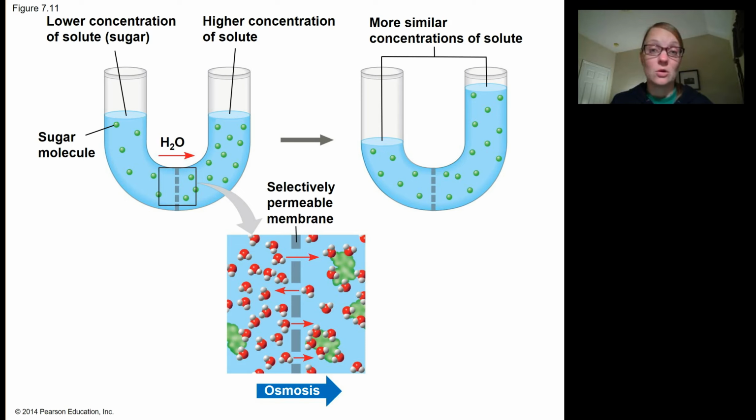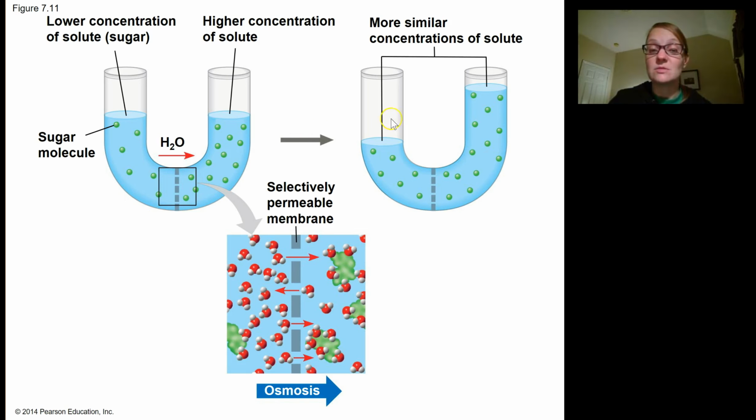So the water says, okay guys, I'll be nice and I will help everybody out. I'm going to move from an area where the solute concentration is low on the left-hand side over to the right-hand side where solute concentration is high to try to dilute out that high sugar concentration so that we can reach equilibrium and actually have equal concentration of the solute molecules on both sides.